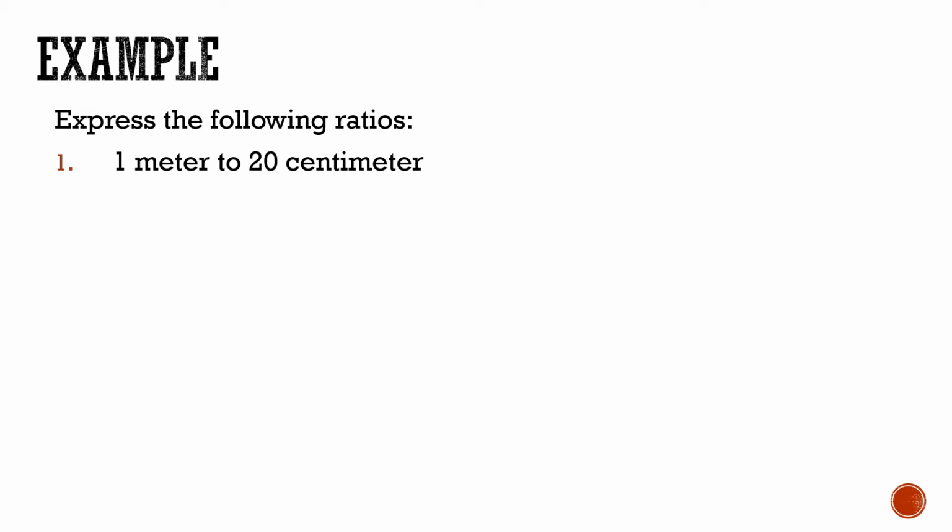As we all know, every 1 meter is equal to 100 centimeters. Therefore, we can say 100 centimeters is to 20 centimeters. Remember the definition of ratio, that it should have the same unit.